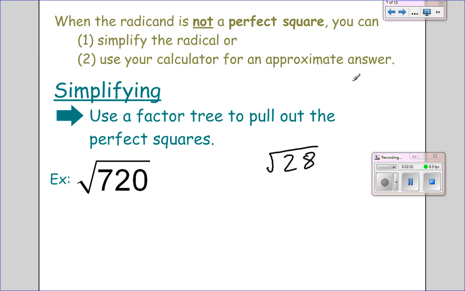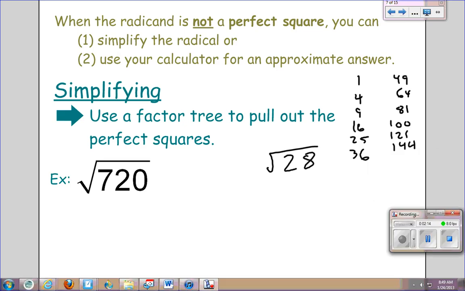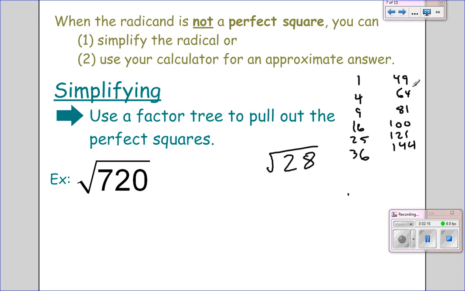So my perfect squares, if you remember, are 1, 4, 9, 16, 25, 36, 49, 64, 81, 100, 121, and 144. So you got to ask yourself here, which of these numbers divides evenly into 28? Well, obviously it won't be anything from 25 up. 16 doesn't, 9 doesn't, but 4 does.